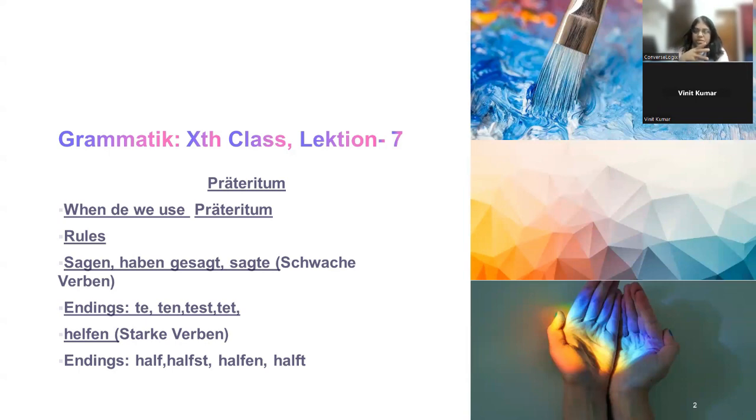These verbs are easy to identify, and because we have quite a number of verbs which follow the gesagt G and T rule in Partizip 2, we can remember these verbs, and it makes it really easy to remember the Präteritum forms of the verbs. That's one rule: when to use and how to remember the Präteritum forms.